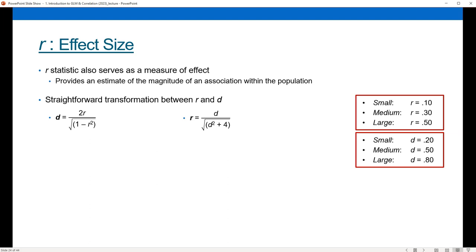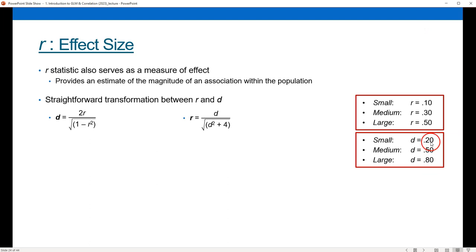Okay, so again, as emphasized last semester, whenever you see a d statistic, you should be interpreting it in terms of standard deviation difference between two groups. But if we wanted to use GLM language and talk about that not as a mean difference but in terms of an association, we can move back and forth between these very easily.